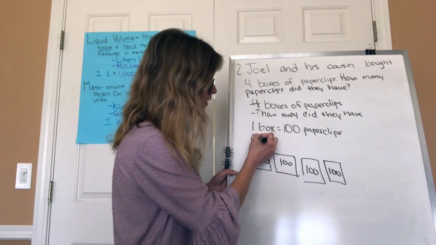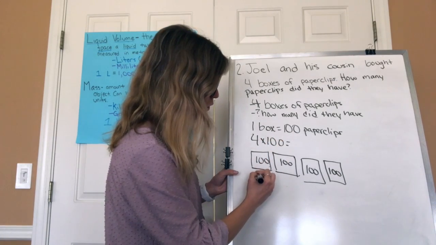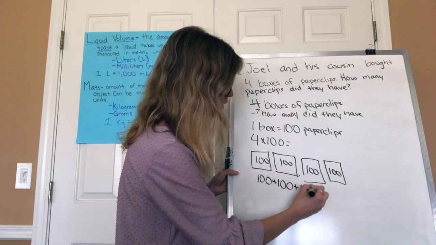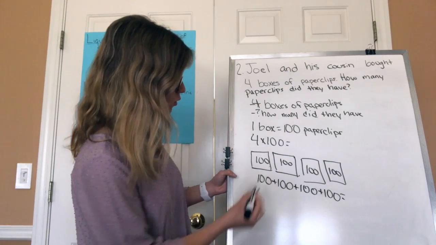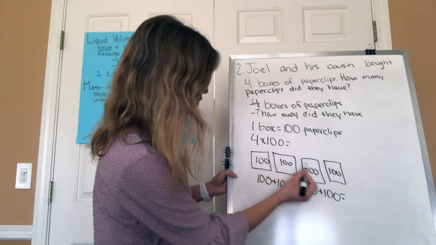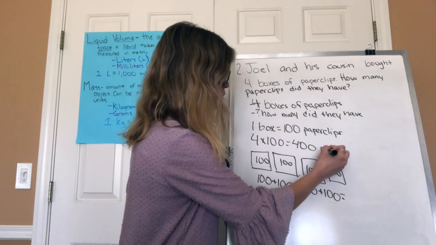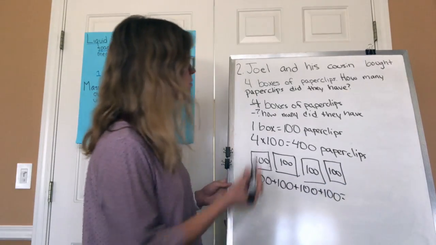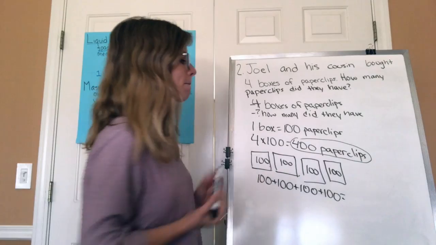And seen that it looks like 4 times 100, or 100 plus 100 plus 100 plus 100. Now I know that 4 times 100 is 100, 200, 300, 400 paper clips. So that means that Joel and his cousin had 400 paper clips.